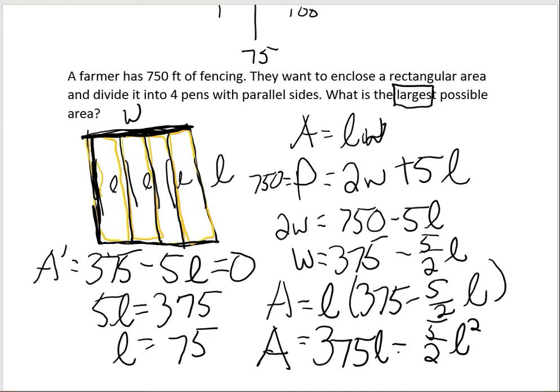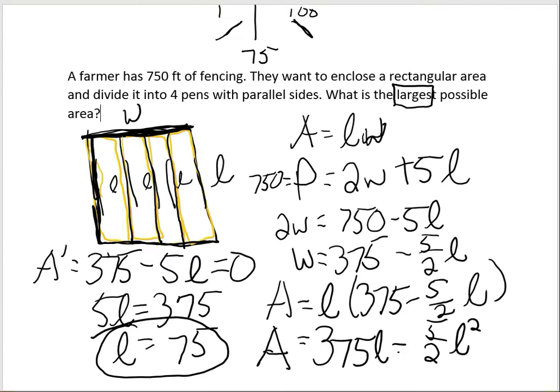If you plug in 1 into the derivative, you'll get 375 minus 5, which is positive. If you plug in 100, you'll get 375 minus 500, which is negative. So we do have this maximum. And the endpoint of having something like L equals 0 does not make any sense, because in that case, you do not have a rectangle anymore. So it looks like L equals 75 is the length that will give us the largest possible area.